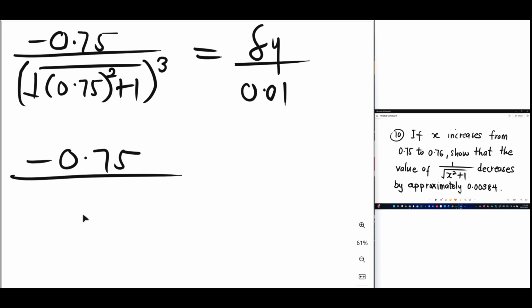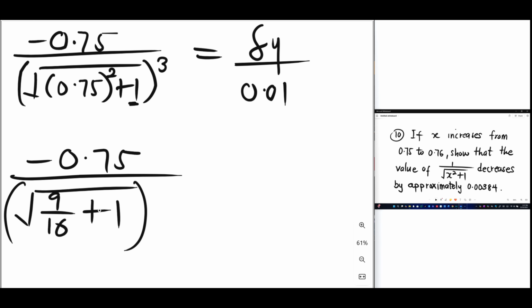So we have 0.75 squared, and that will give us the square root of 9 divided by 16, then plus the 1 here, all in bracket, having an exponent of 3.